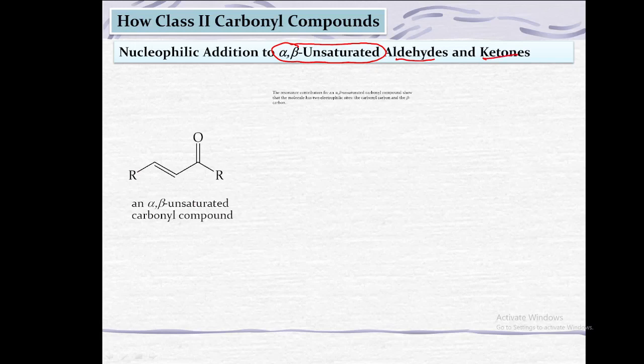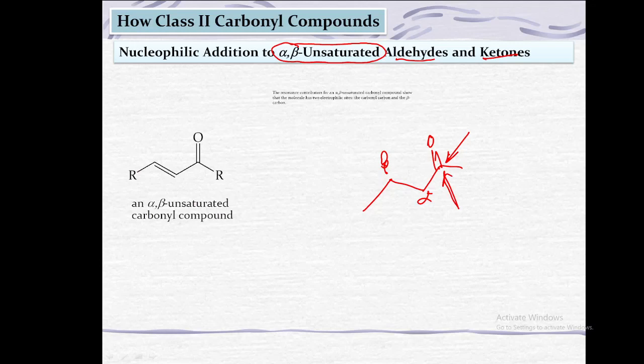Previously, we have looked at ketones without any unsaturation around it. You remember ketones and aldehydes. You remember from that carbonyl, this position here is referred to as alpha, that position is referred to as beta, away from the carbonyl carbon.